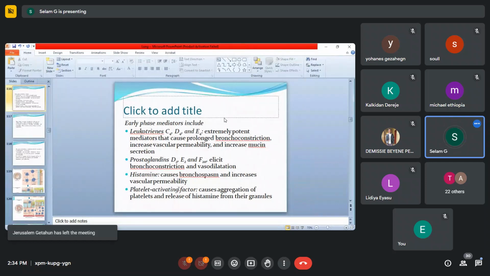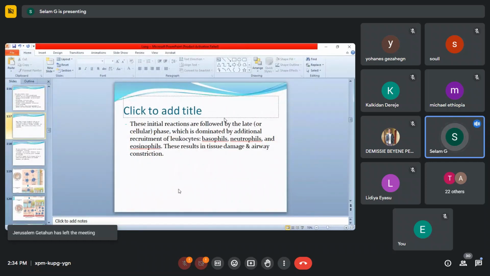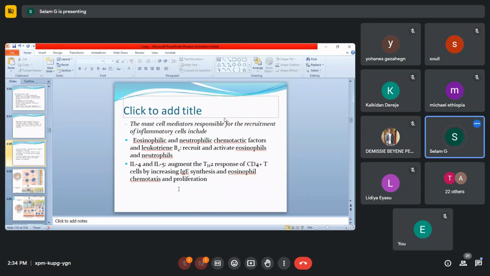These initial reactions are followed by the late or cellular phase, which is dominated by additional recruitment of leukocytes like basophils, neutrophils, and eosinophils, and this results in tissue damage and airway constriction. The mast cell mediators responsible for the recruitment of inflammatory cells include chemoattracting factors like leukotriene B4, which recruit and activate eosinophils and neutrophils.